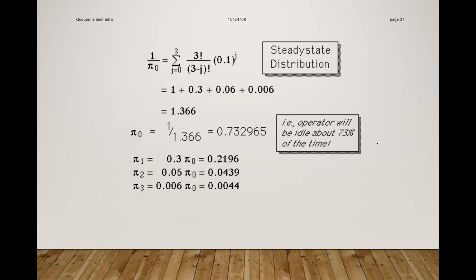Then the operator will be idle 73% of the time. That's a probability na walang customer. So probability na walang customer ay 73, meaning idle yung ating machine 73% of the time. Merong isang customer, 21, merong 2.4, so on and so on.